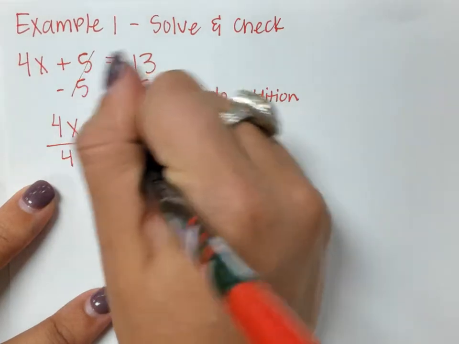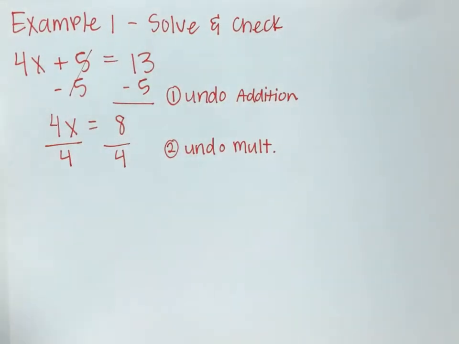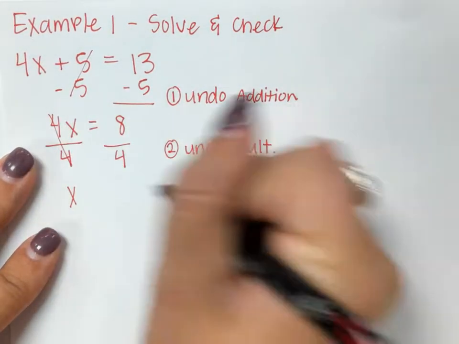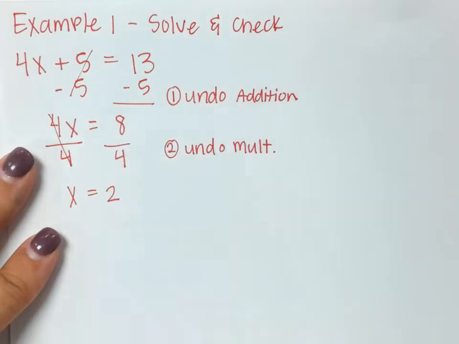That means I'm dividing both sides by 4. So when I do that, my 4x divided by 4, that leaves me with what? X equals 2. Leaves me with 1x, and then 8 divided by 4 gives me 2.